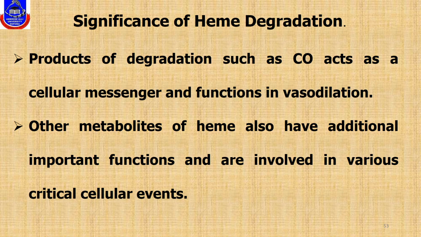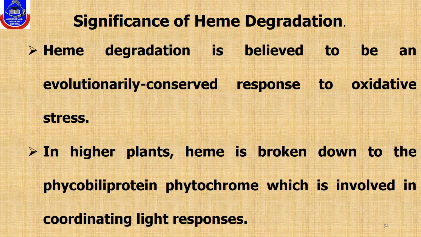Products of degradation such as carbon monoxide act as a cellular messenger and function in vasodilation. Other metabolites of heme also have additional important functions and are involved in various critical cellular events. Heme degradation is believed to be an evolutionarily conserved response to oxidative stress.